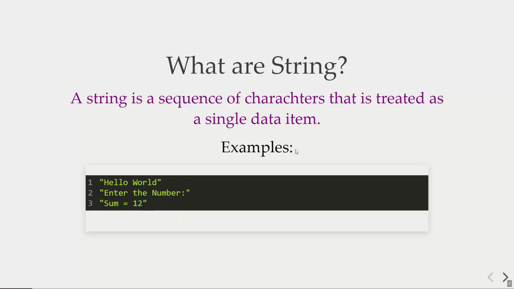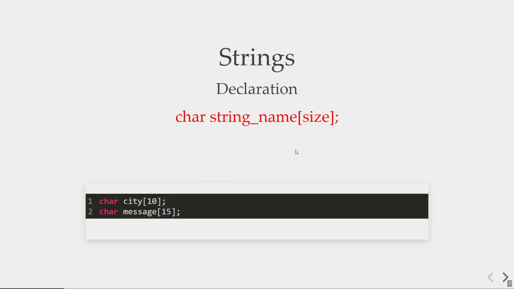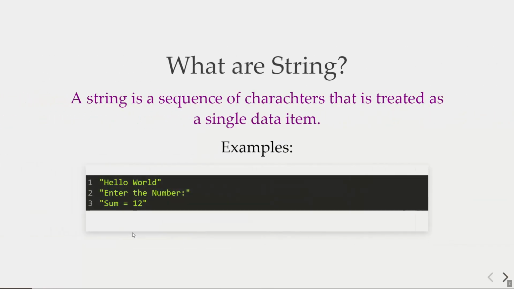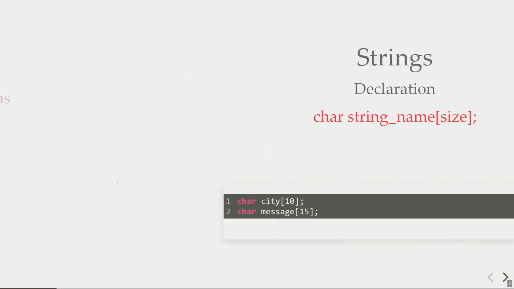Let's now see how a string is declared. The declaration of a string is nothing but, a string is simply an array of characters. If you look at the elements of the string, it is actually different characters. There is a character H, then E, then L, like that. So basically a string is nothing but a combination of characters.